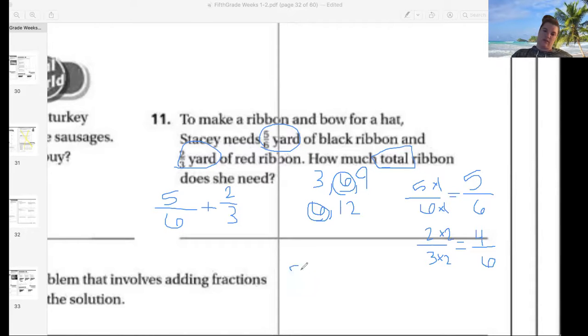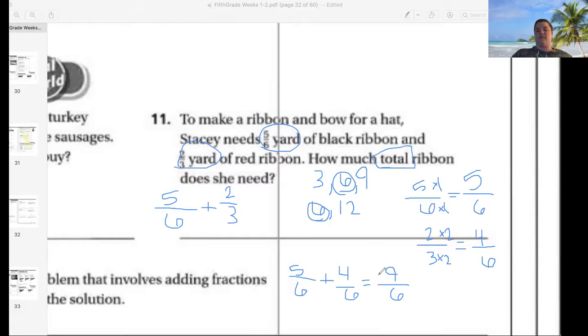So then I have 5 sixths plus 4 sixths. And then my denominator gets to stay, and then 5 plus 4 gives me 9.